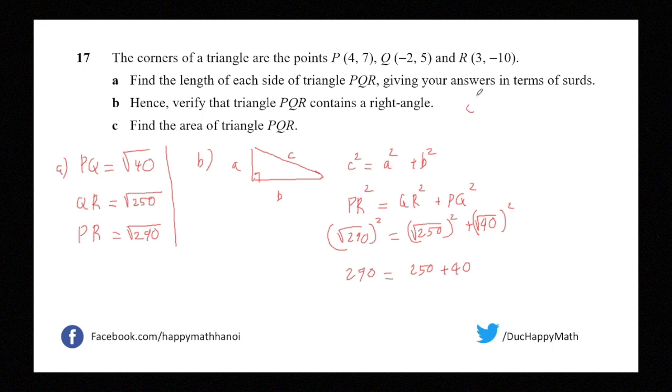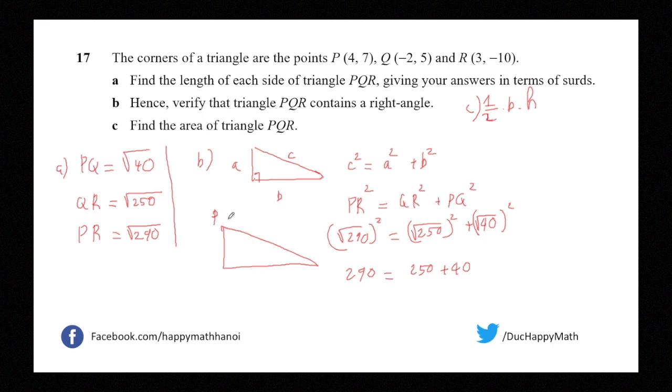So because it is a right triangle, it's quite easy to calculate the area. Area is one half base times height. From this formula, you will know that PR will be the hypotenuse side.